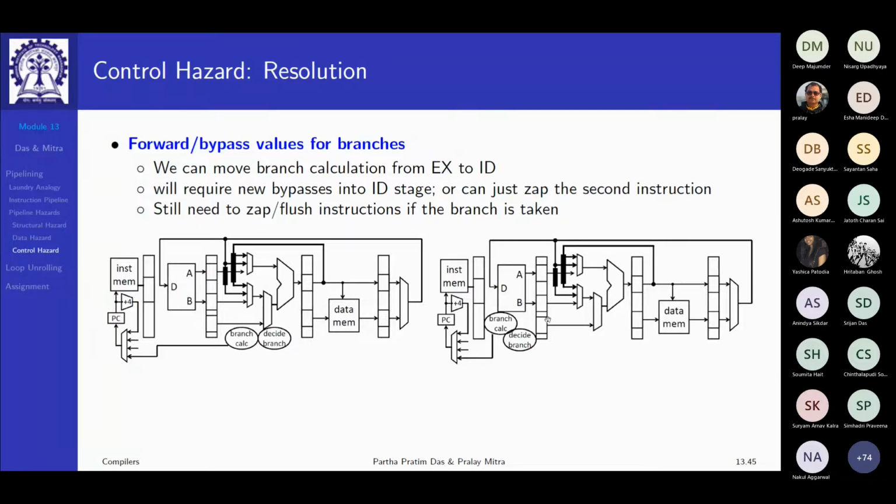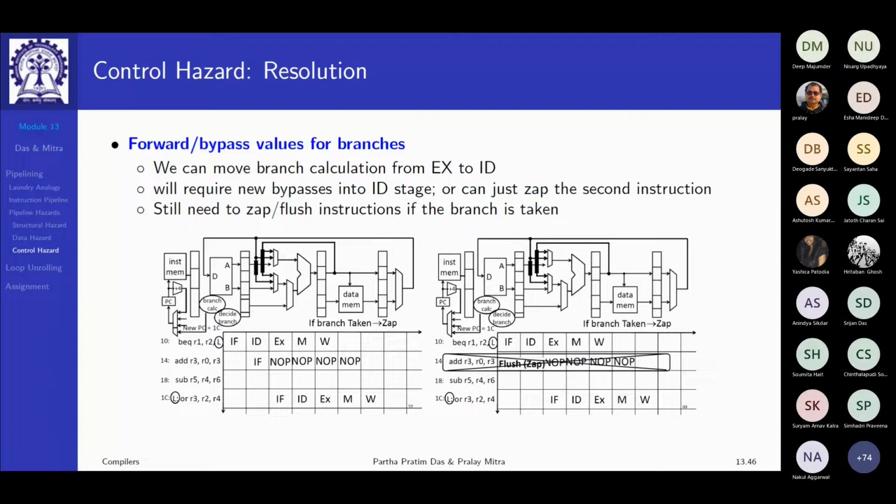That is the reloading and all that. But the decision about calculating the branch condition, because branch conditions are usually very simple calculations, usually just a comparator, right? So it's a simple logic, and based on that, the branch decision can be pulled to the instruction decode phase, which will allow you to do forwarding.